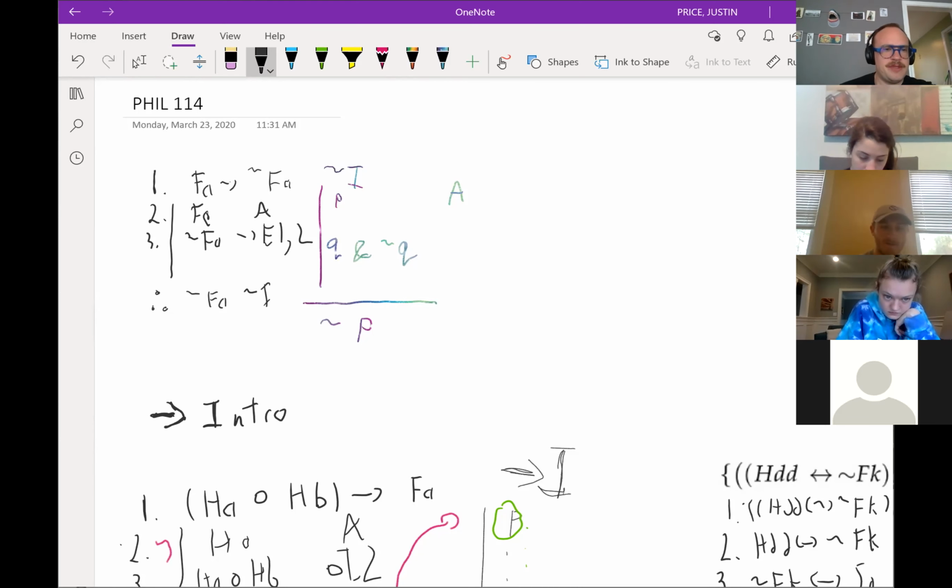Some people might be tempted to say, aha, the derivation is over now because we got negated FA. But one important thing to keep in mind is that if you have your conclusion, but it's in the scope of an assumption, it doesn't count as finishing the derivation. So the conclusion has to be outside of the scope of the assumption. So this does not count as finishing the derivation yet.